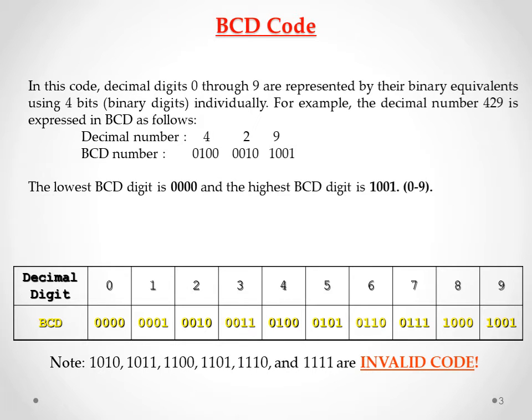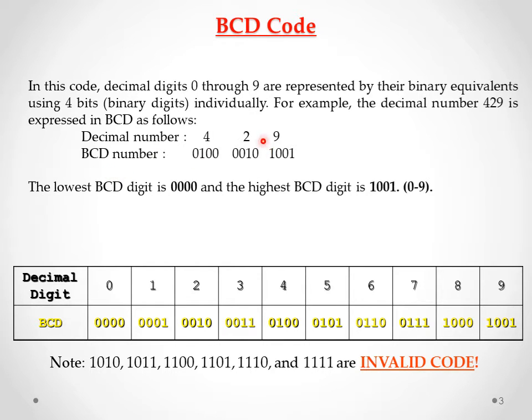Next, how can we represent the BCD code? In this code, decimal digits 0 to 9 are represented by their binary equivalents using 4 bits individually. For example, let's express the decimal number 429 in BCD form.